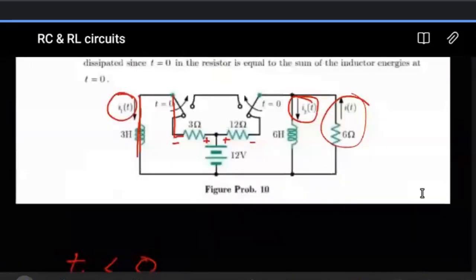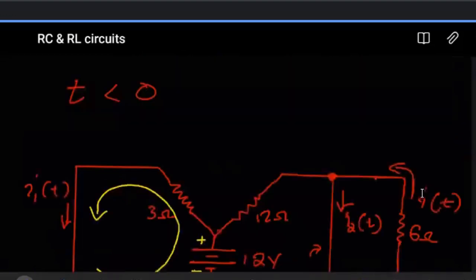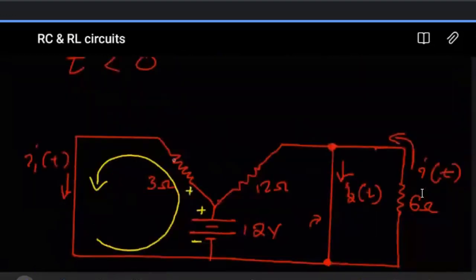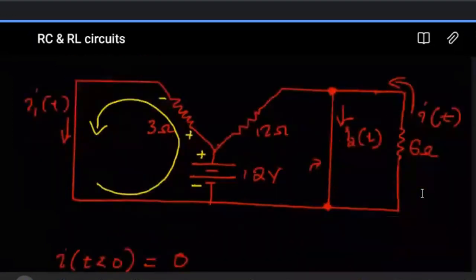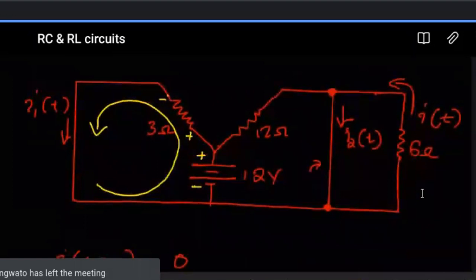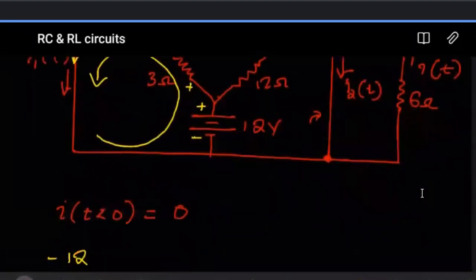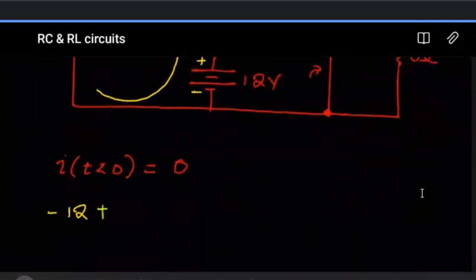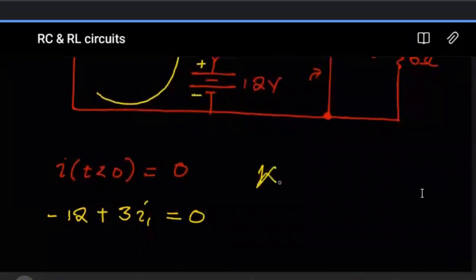It was positive first, then minus there. So I find it at its positive part, so it will be the resistance 3 multiplying the current through it. The current through it is the same as this one here. So it's I1. So this is going to be plus 3I1. They are the only two components in the circuit. So this is what is going to be equals to 0 by KVL.